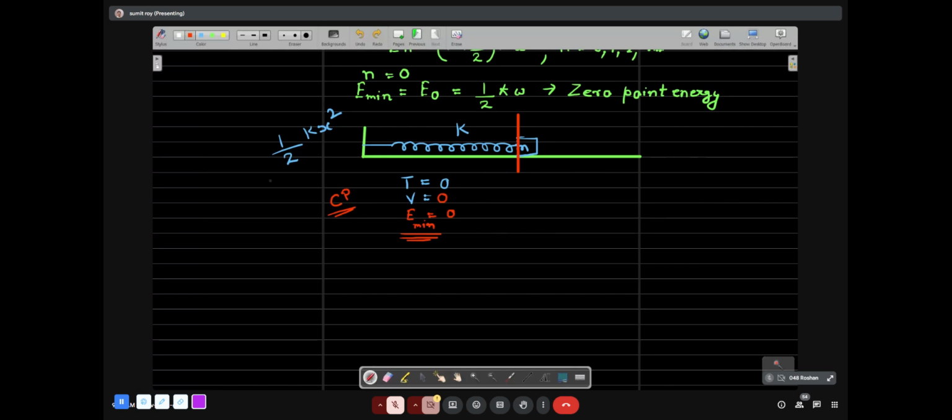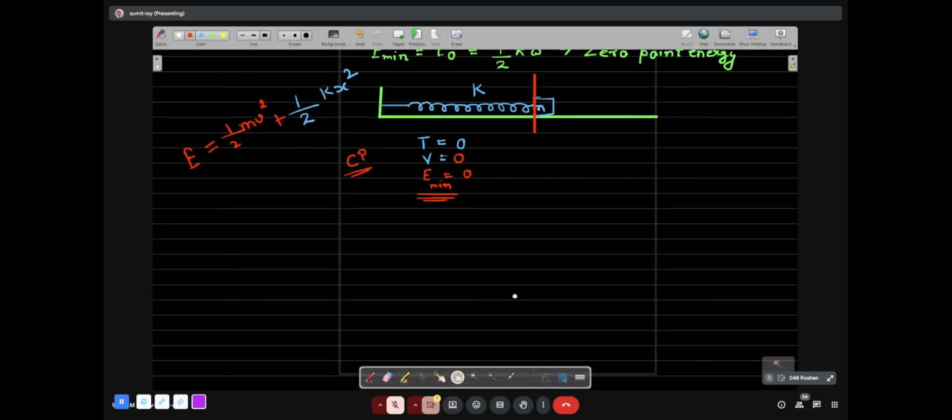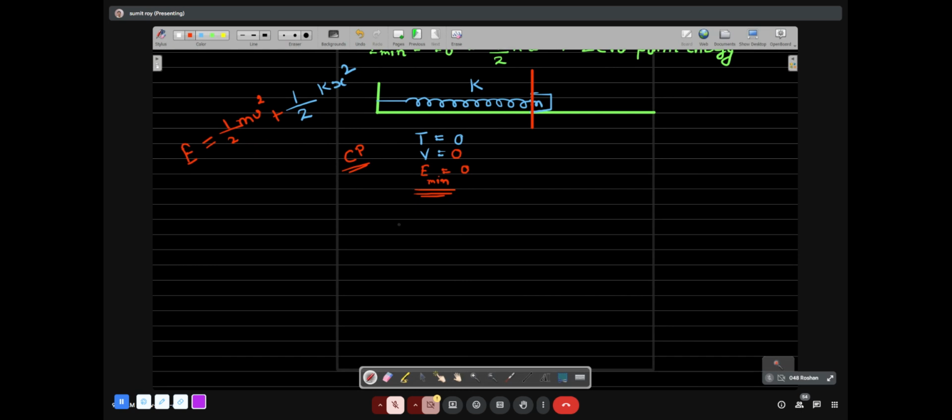I hope you remember the expressions. Kinetic energy is half mv squared and potential energy is half kx squared. This is the total energy. Now, I am discussing quantum mechanically.